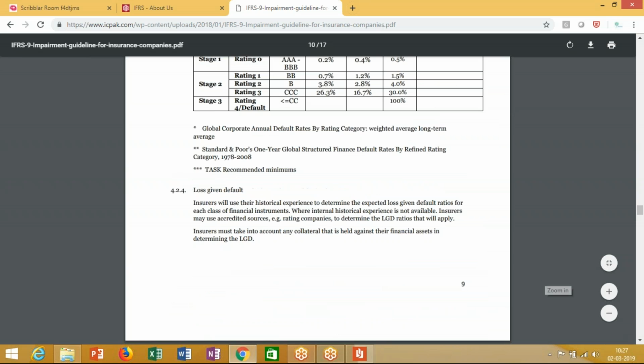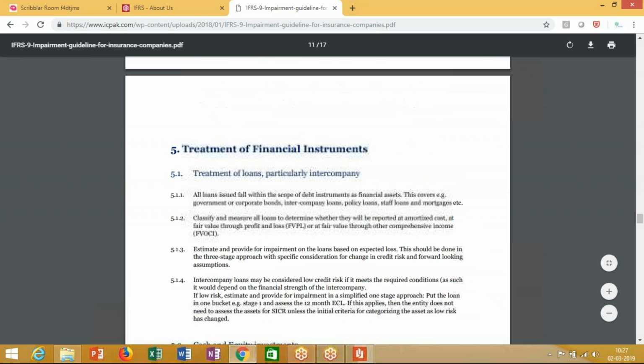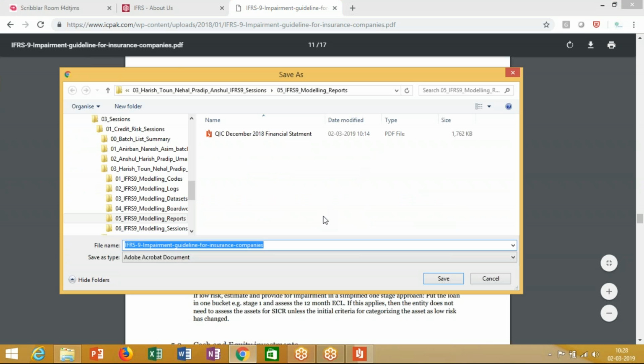So what I'm doing here is I'll save this as IFRS 9 impairment assessment for insurance companies.